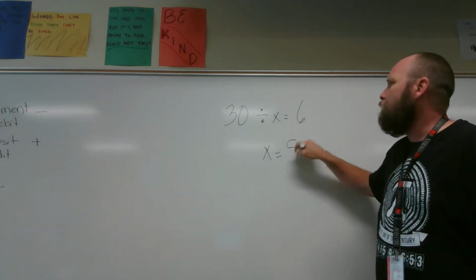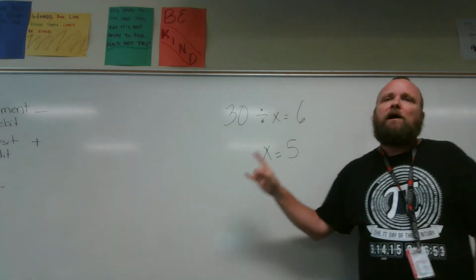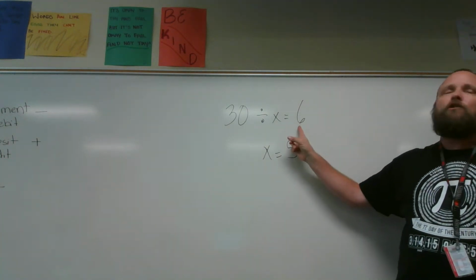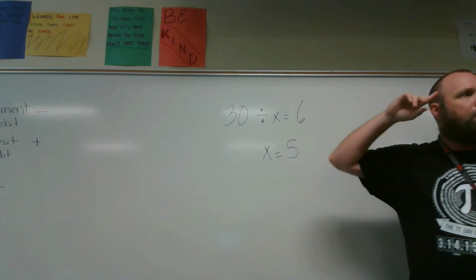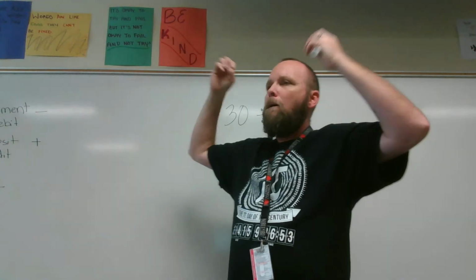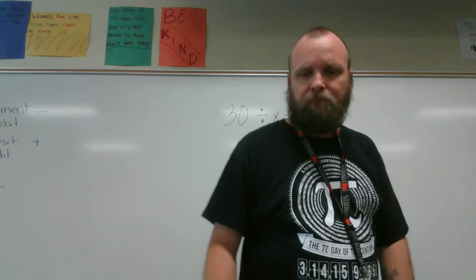If you divide 30 by 5, you are going to get a quotient of 6. If you think of multiplication as the opposite of division, you could have just done 6 times what equals 30? Boom. I just blew your mind.